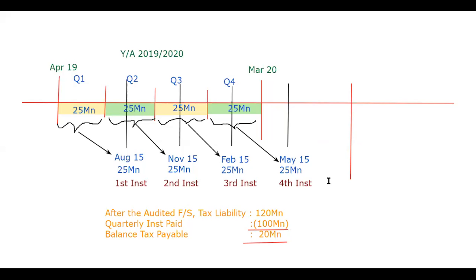On September 30th, you can pay the balance for your year of assessment 2020, this balance of 20 million. Then you are clear. Now you know the quarterly payment and the final payment requirement as well. And this is the payment procedure.